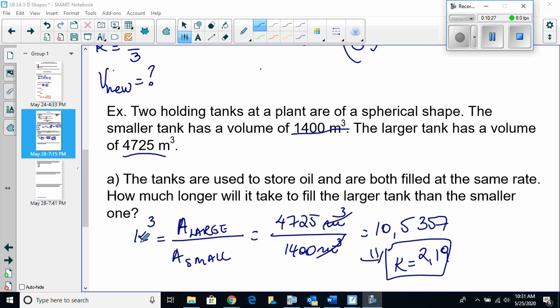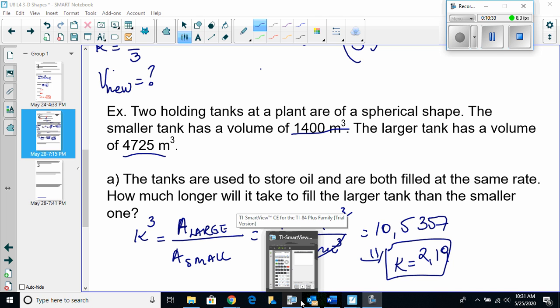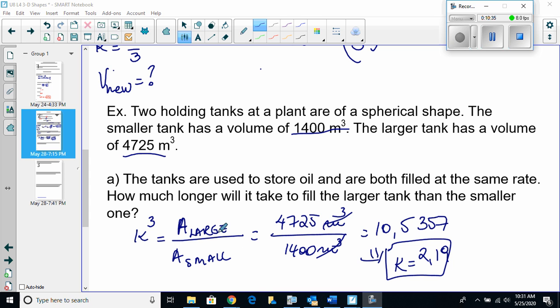So hopefully you have done these calculations, and I just want to emphasize how we move from k to the power 3 is equal to 10.5357 to k is 2.1.